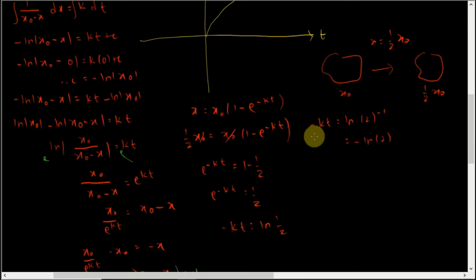Negative kt, what we want is t. Therefore, t is, both have negatives, so can cancel. So t is 1 over k ln 2. So the time taken for it to decay half, or its half-life, is 1 over k ln 2. Done.